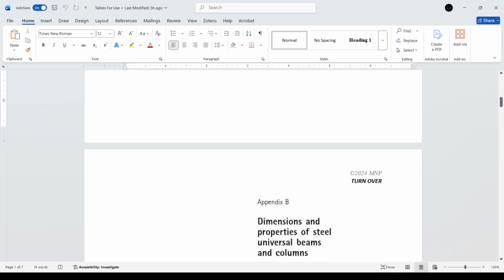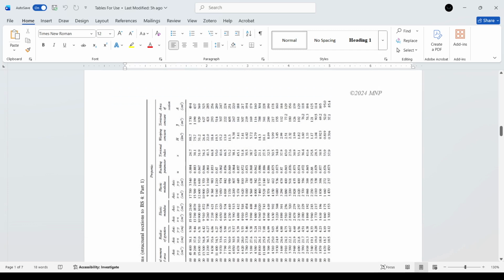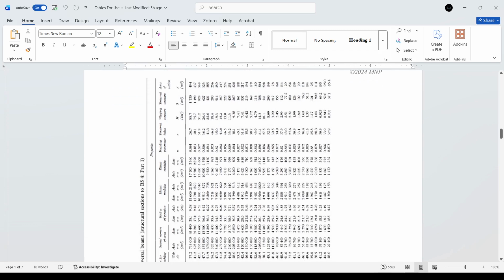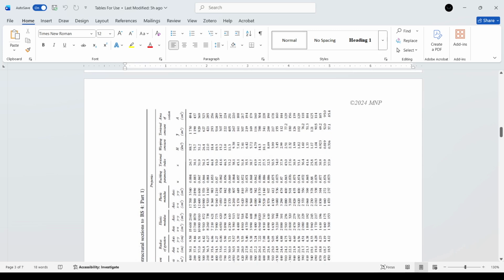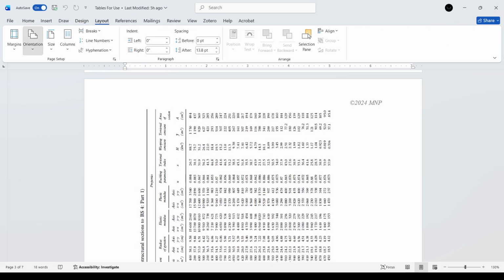In our table, you will see that I need to convert this onto landscape.